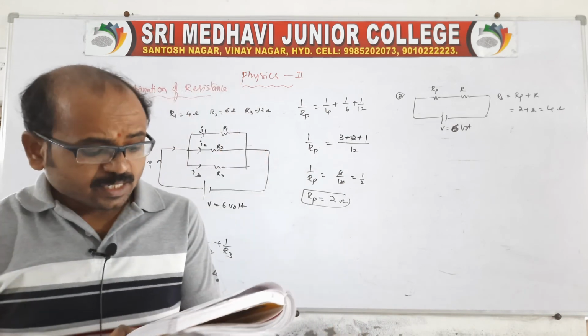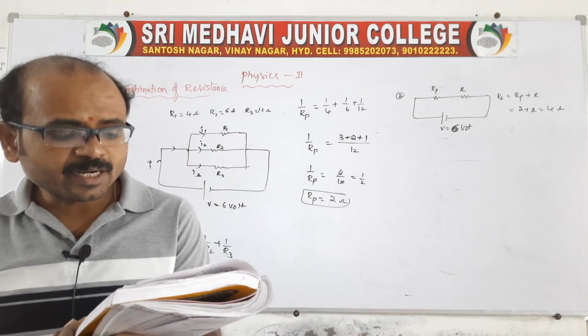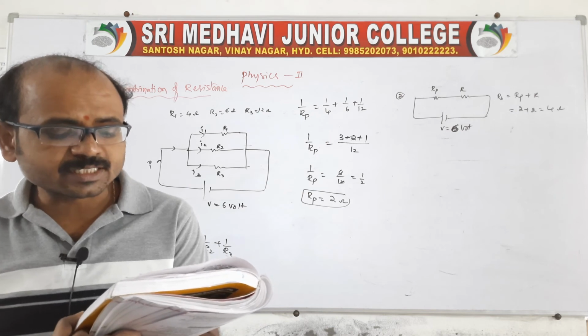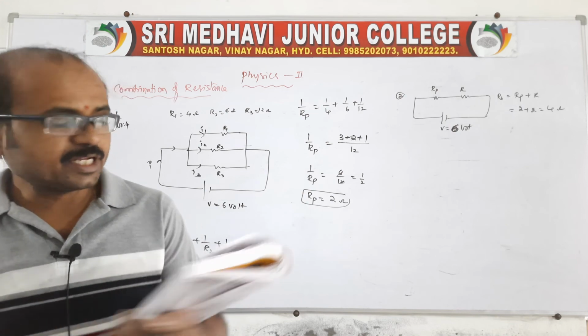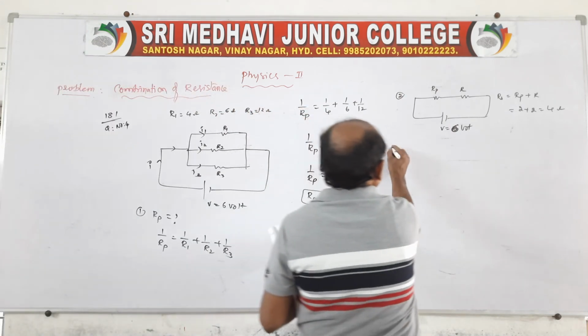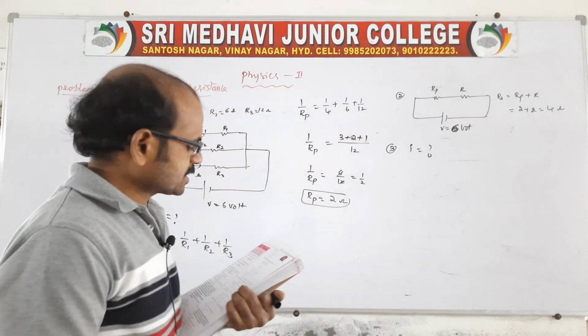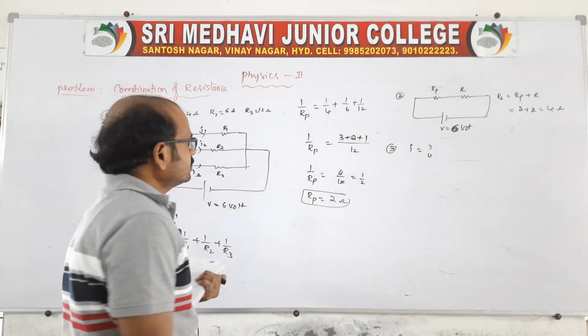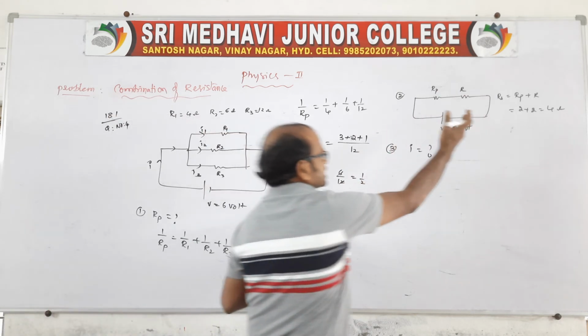But now it is asking for the current through the individual resistors, as well as Rp and R. In series, the current is the same. First we need to get the current I, which we don't know. How much is entering? So I need to find it using the effective resistance, that is Rs, because this is the series.